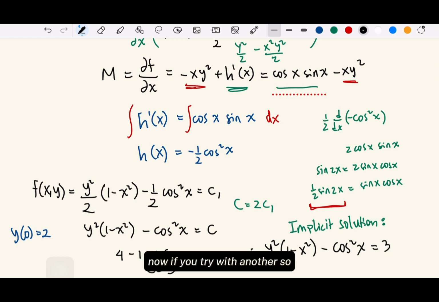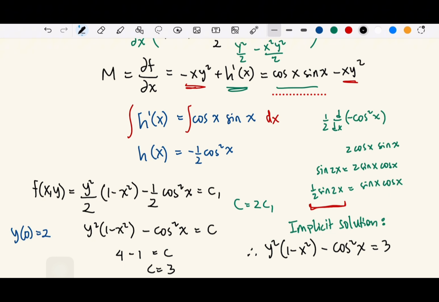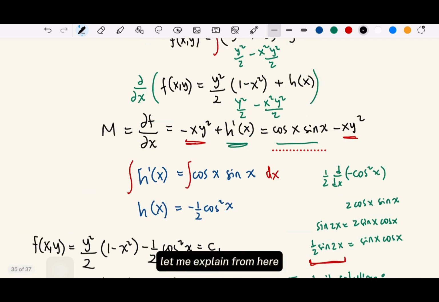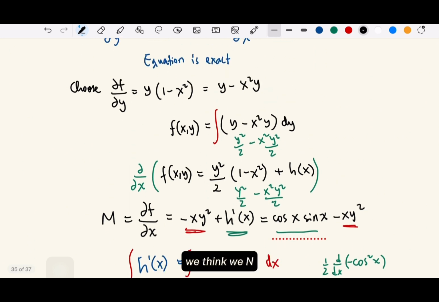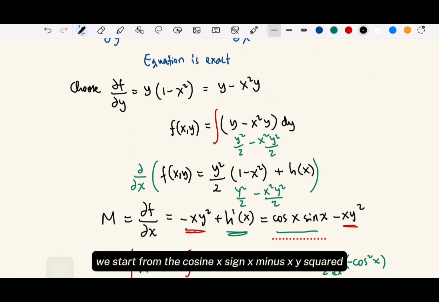Now if you try with another, we try from M, right? If you try from M, you need to integrate the cosine. So, wait. Let me explain from here. So we take M, and we start from cosine x sine x minus x y squared.